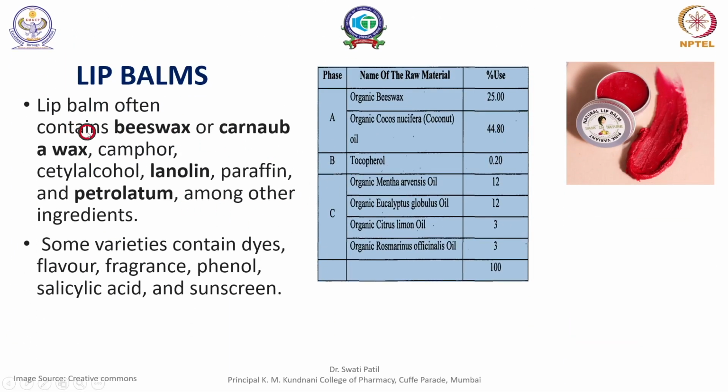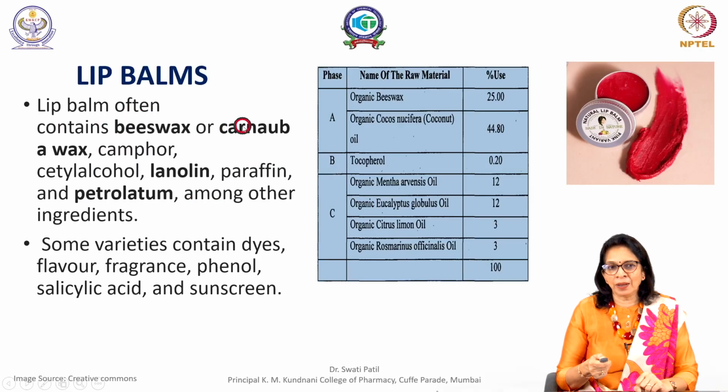Another herbal cosmetic preparation is a lip balm. There is a big demand for lip balms which are used as moisturizers in winters and cold climates, and lip balms which are made with natural ingredients. They often contain beeswax or carnauba wax as a base, small amounts of camphor, cetyl alcohol, lanolin, paraffin and petrolatum.